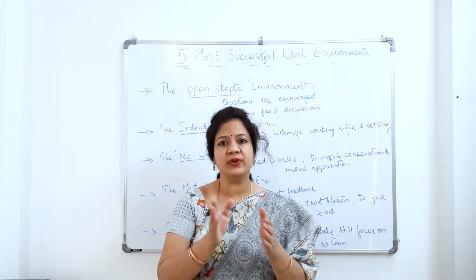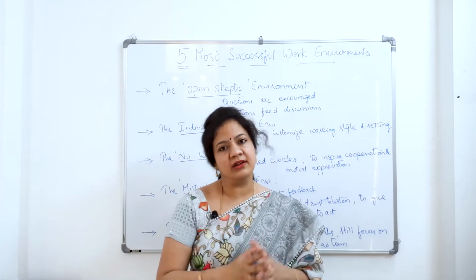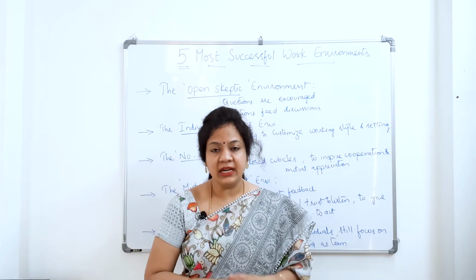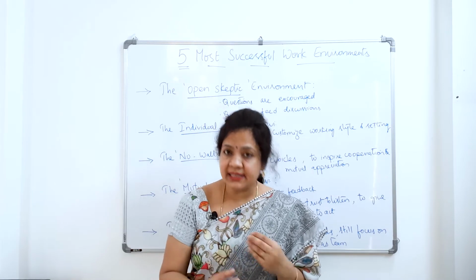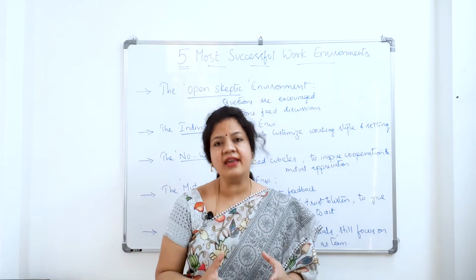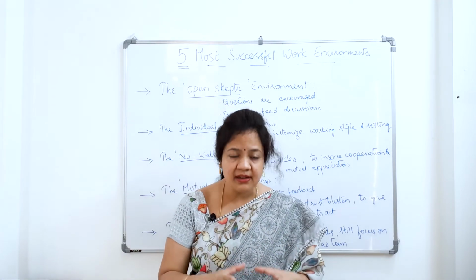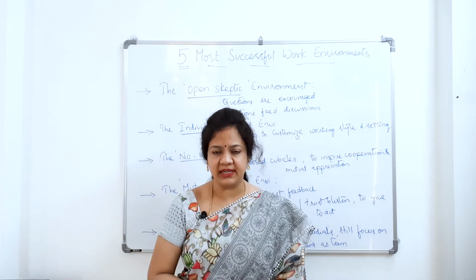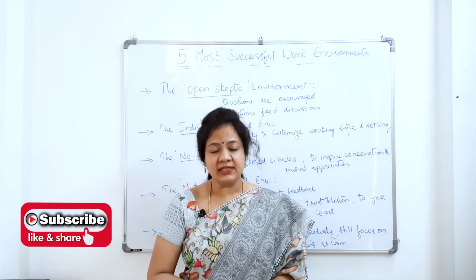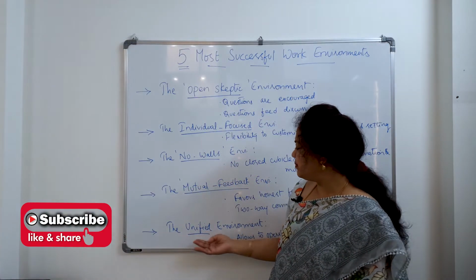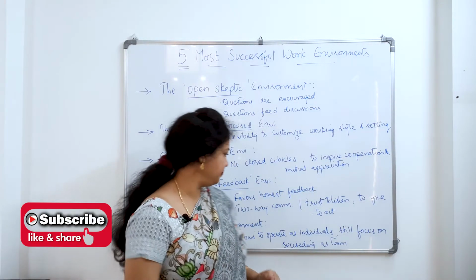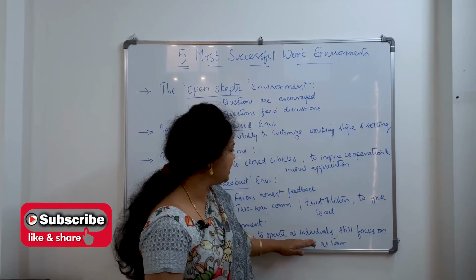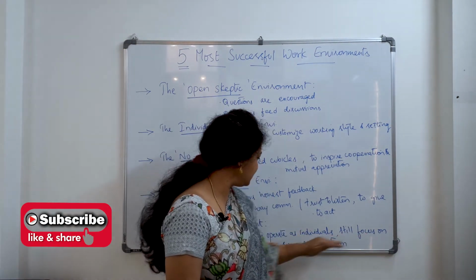They have individual authority and responsibility, individual roles to perform, but still they are very much aware that they are a team working towards the common organizational objectives. So that is the concept of the unified environment, where people operate as individuals, still focus on succeeding as a team.